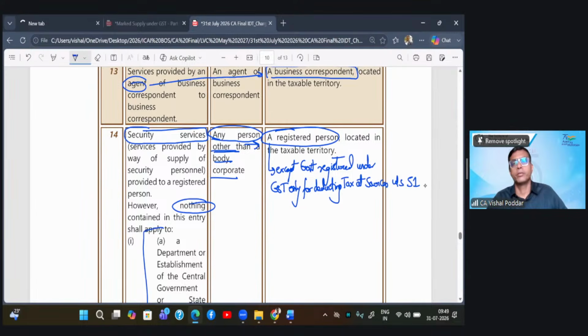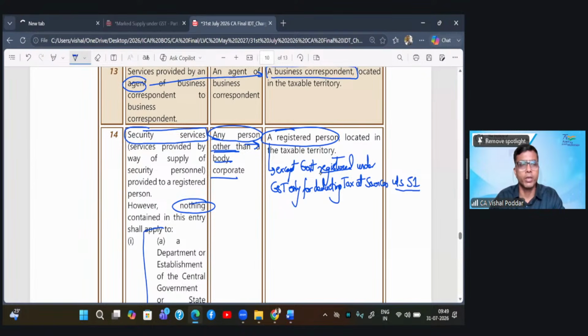So again, take the security services provided to some government department, government office. Many times in government offices, government buildings, you have security guards. Now these security guards are provided, and that government entity has to take registration under GST, but only because they are liable to deduct TDS, but they are not making any outward supply.